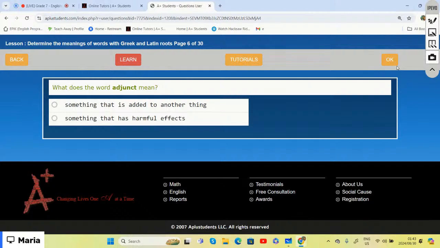All right, let's do the last one. What does the word adjunct mean? Adjunct.